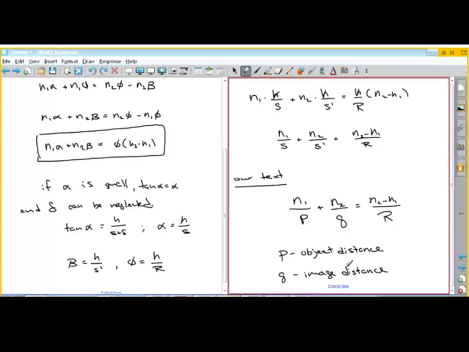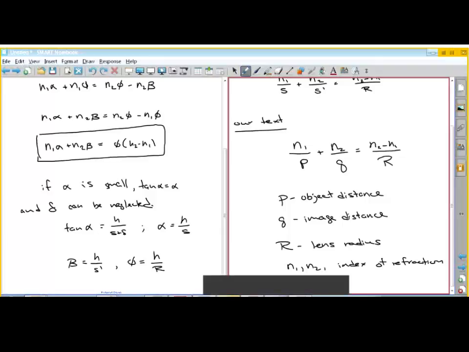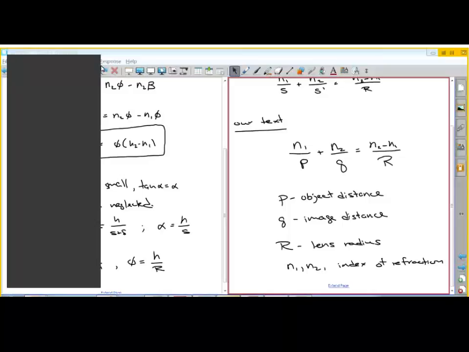That is the convention that we use in our book. r is the lens radius. And of course n1 and n2 are the indices of refraction. So we'll do a separate one on the magnification question.